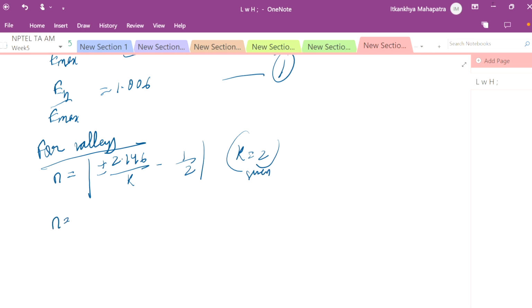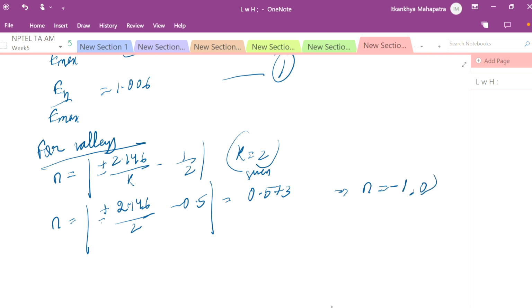So n is equal to plus minus 2.146 by 2 minus 0.5. Upon solving this, we get 0.573. So here n is equal to minus 1, 0.